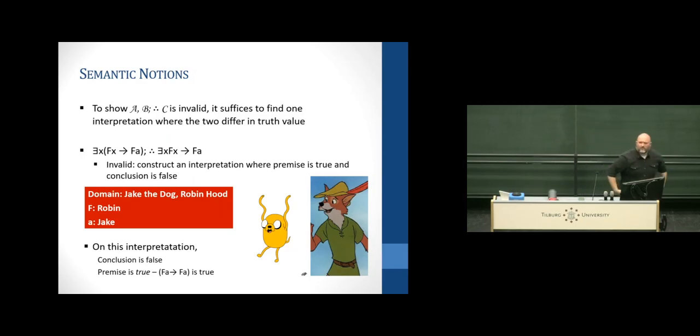How about our premise? Our premise says, hey, there's at least one thing you can plug in here that's going to make the sentence in there true. And is there anything in our domain that we can plug in that will make the sentence in the brackets true?